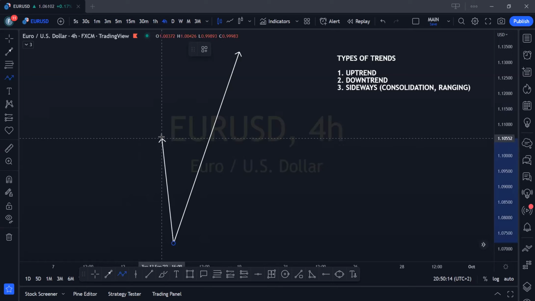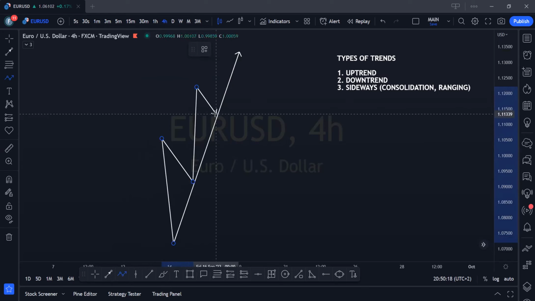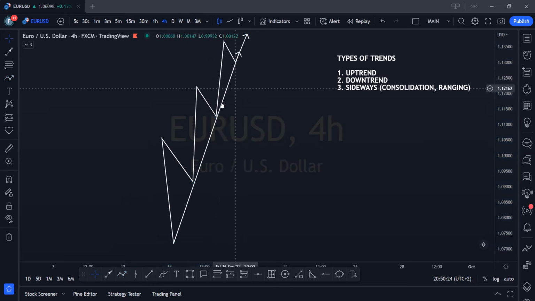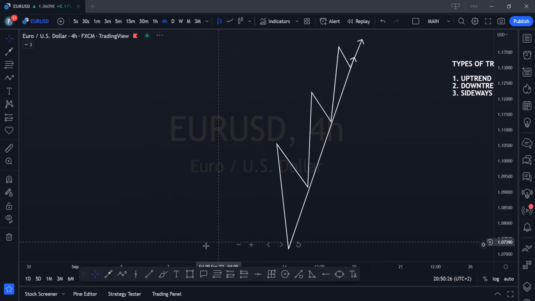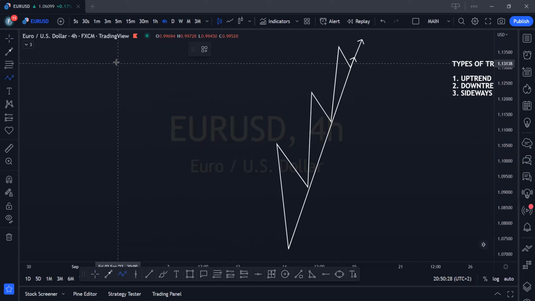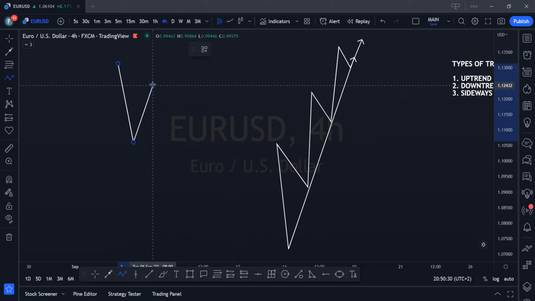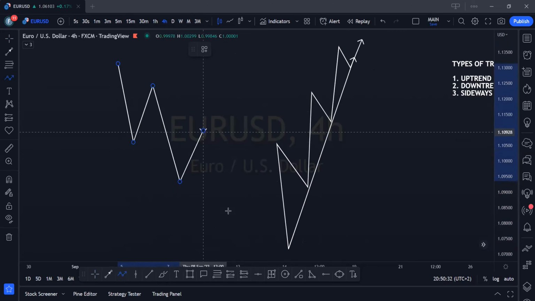Price will go up to come back down, to go up, to come back down. So price moves like this, zigzag, like so. That's an uptrend. And then for a downtrend, price also moves zigzag, down, up, down, up.